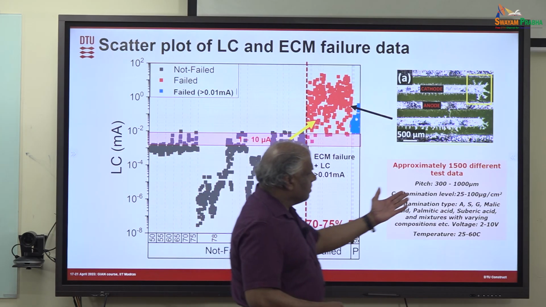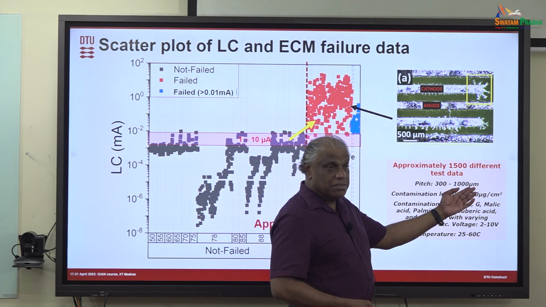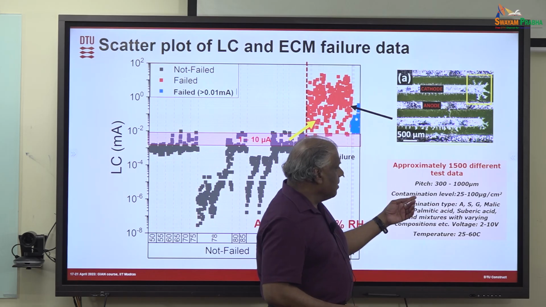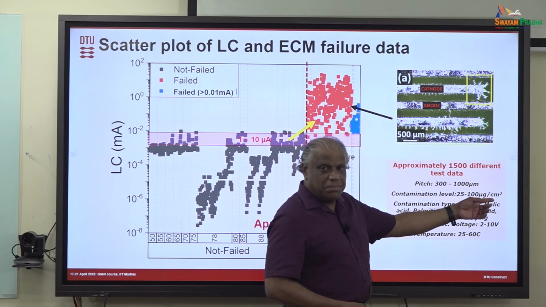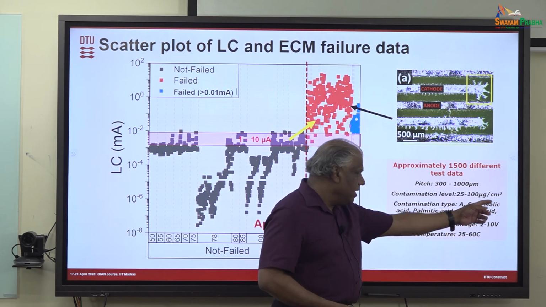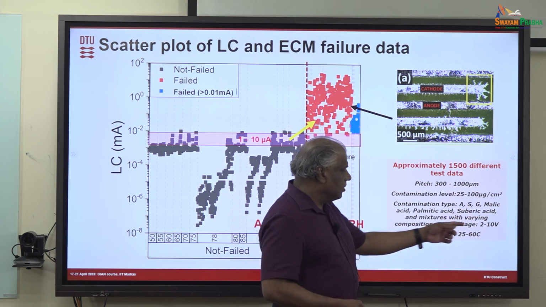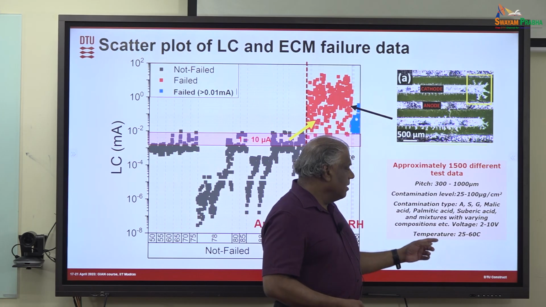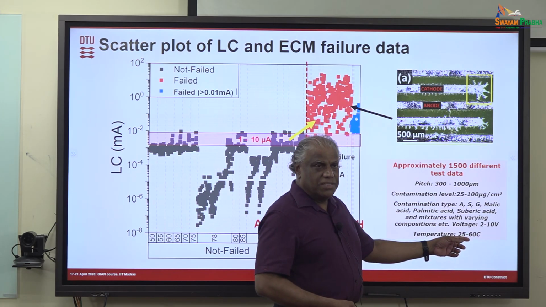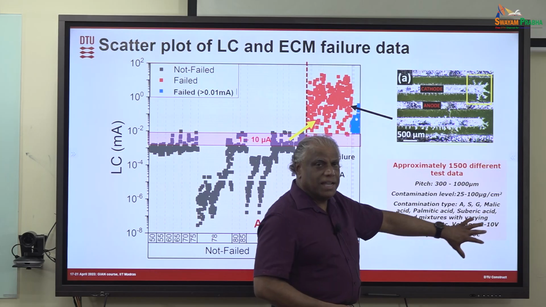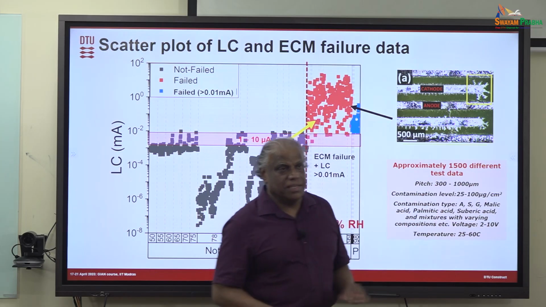The pitch ranges from 300 to 1000 microns. Contamination level is 25 to 100 micrograms per square centimeter. There are various contamination types depending on the chemistry, different voltage levels, and temperatures from 20 to 25 to 60 degrees centigrade. So we had a lot of data corresponding to all these conditions.